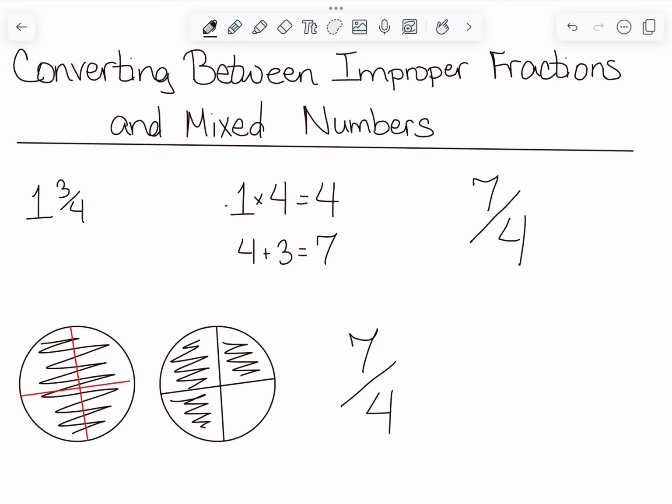The 1 times 4 part of this problem is what I'm doing with this first circle here. Multiplying the denominator by the whole number tells us how many pieces we have in our whole sections. And then the addition is adding in that additional fraction.